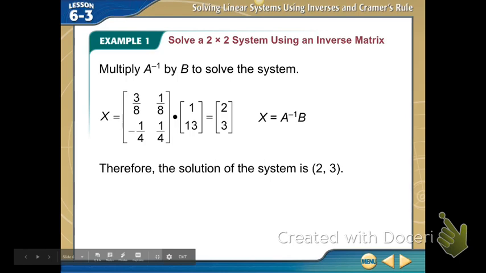And then on the left-hand side, when we multiply by the inverse, there's the inverse matrix. There's the answer. And that leaves us with the solution, right? So that's x and that's y. So then the solution to this system is 2, 3.